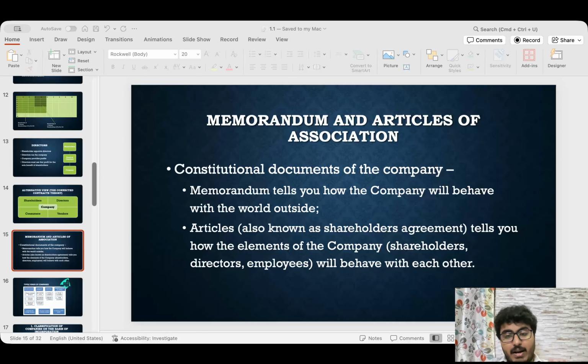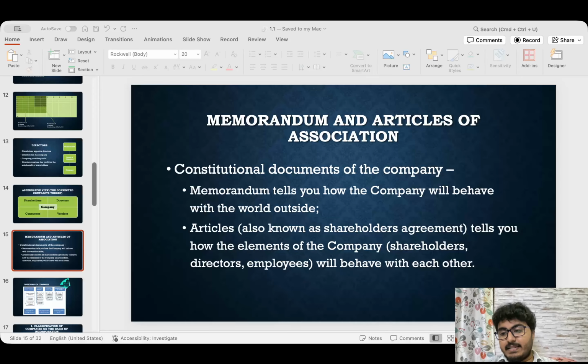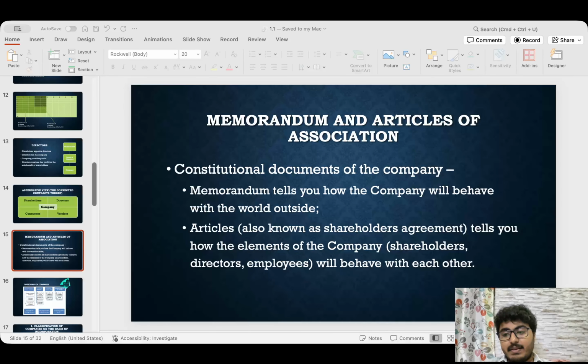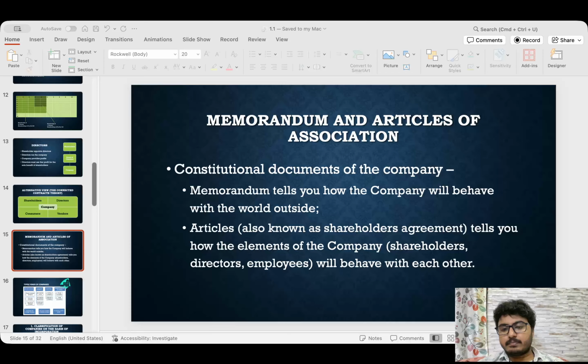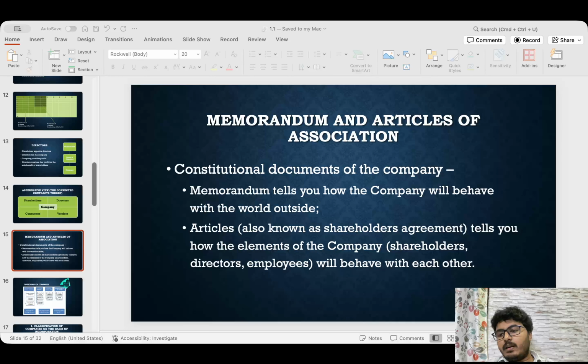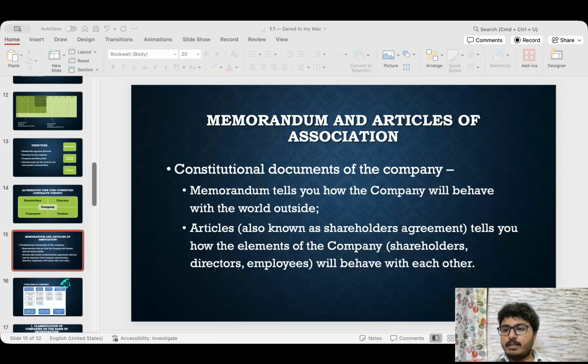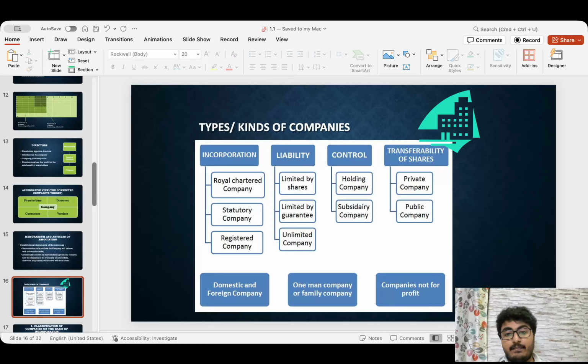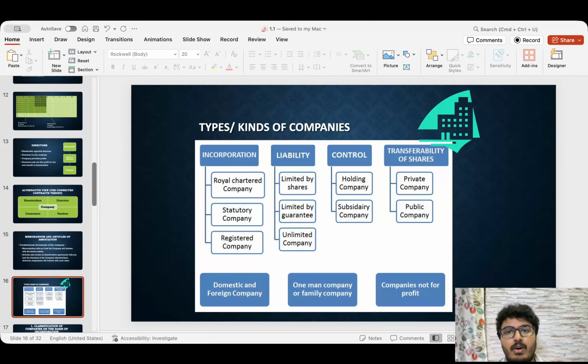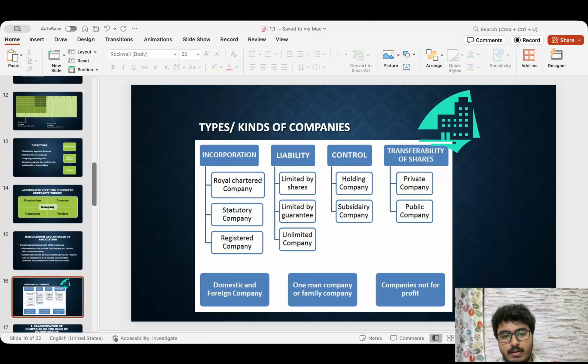In our second part, we basically discuss the elements of companies, types of companies and the advanced part of companies. Now we focus on the important portion, that is the various types and the classification of companies.